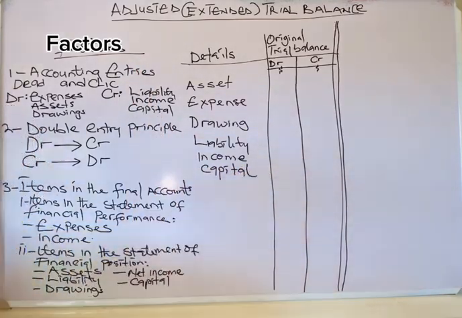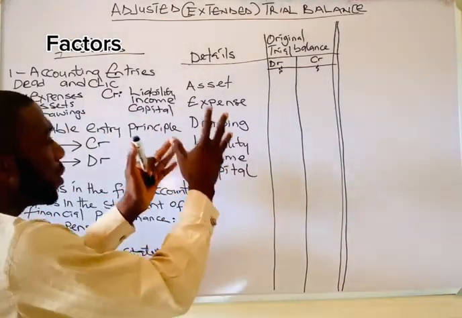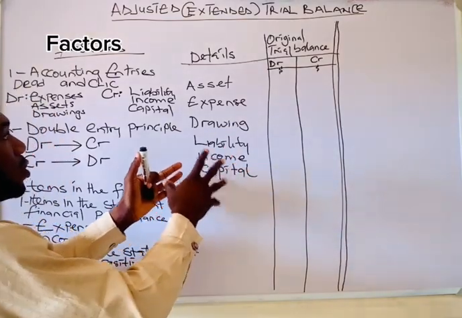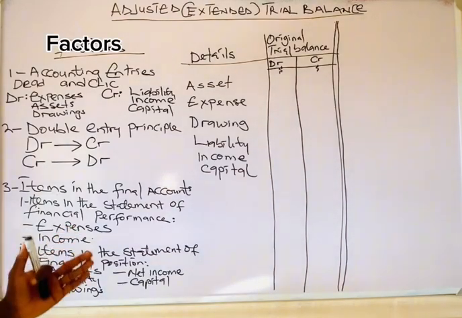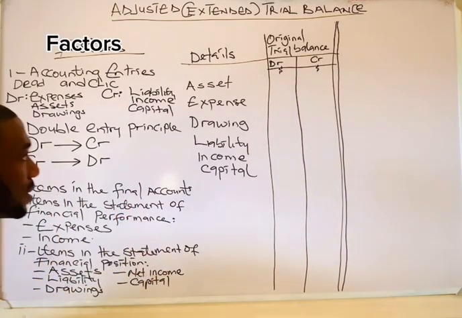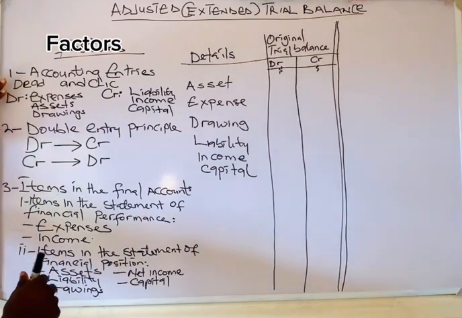So in our original trial balance, these are items that will be in the original trial balance. Your assets, whatever the form of assets, whatever the assets may be, will be in our trial balance. The expense, drawing, liability, income, and capital. So you know the entries.